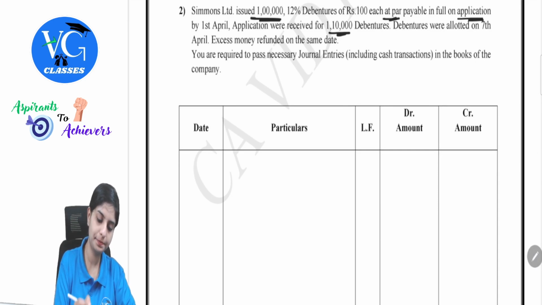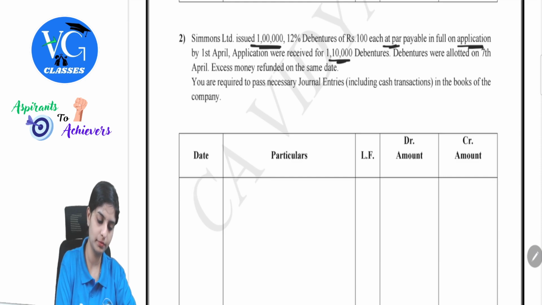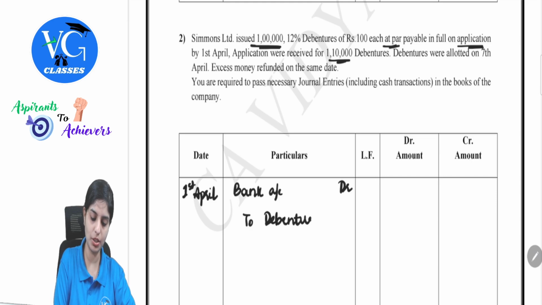There are dates given. So this application money was received on 1st April. Bank account debit to debenture application account. So you can also do one thing. You can just write this as debenture application allotment since the installment is received in full.